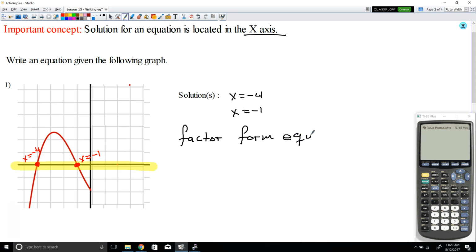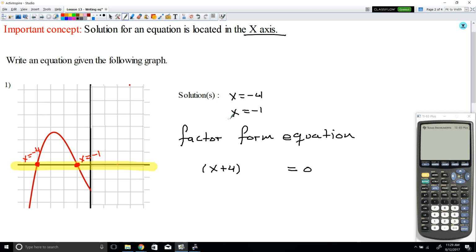Equation. Now, how do we use this? Well, if we know that x equals -4 is a solution, then we write x plus 4 equal to 0. If you solve for this, it will give you that x is equal to -4.